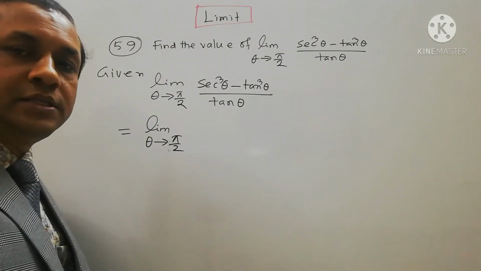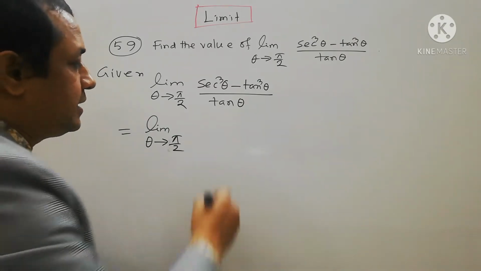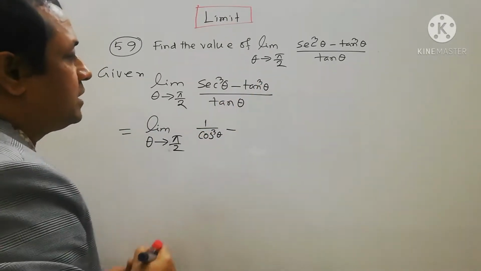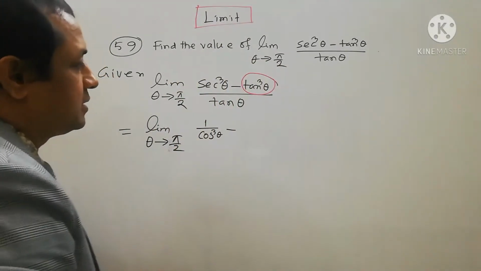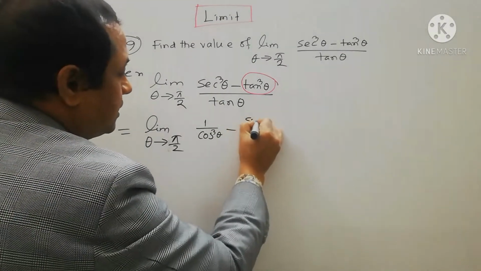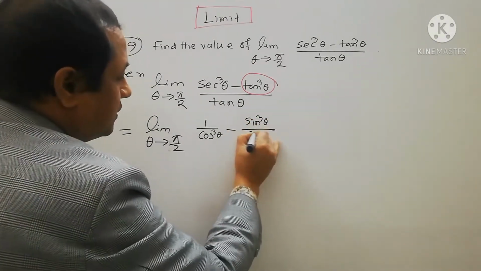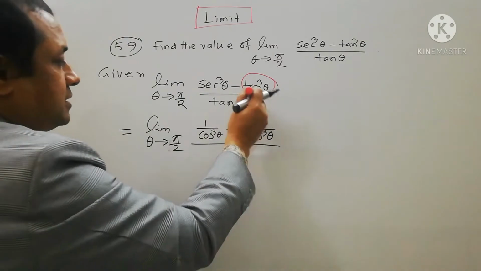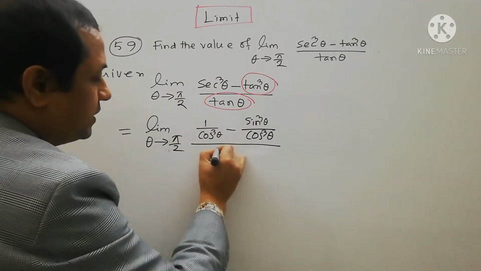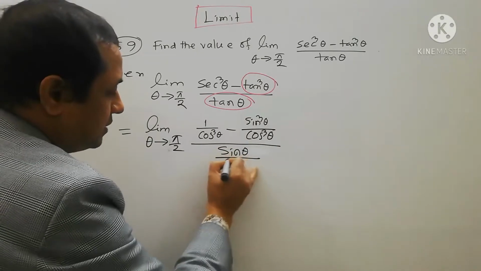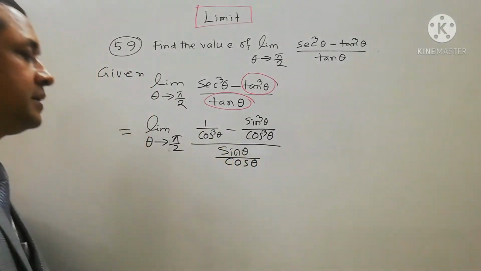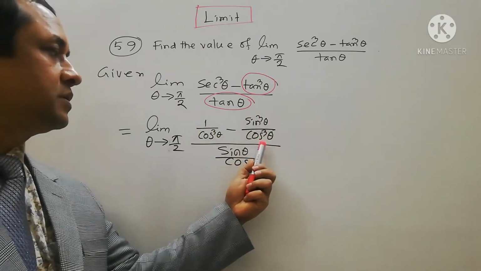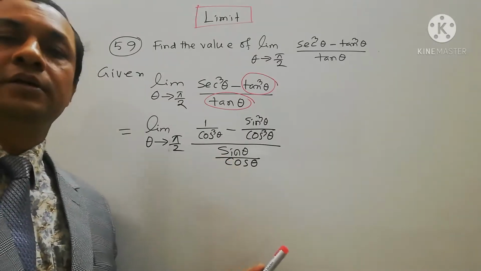Now using the formula, we know that sec cube theta equals 1 by cos cube theta, and tan cube theta equals sin cube theta by cos cube theta, and in the denominator, tan theta equals sin theta by cos theta.